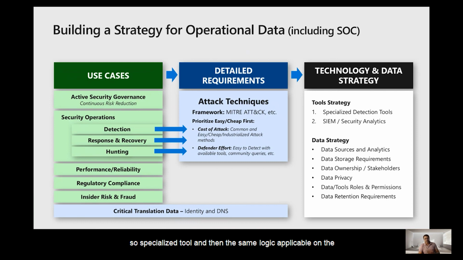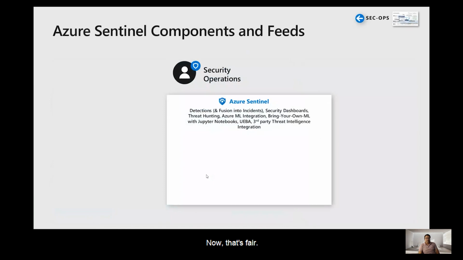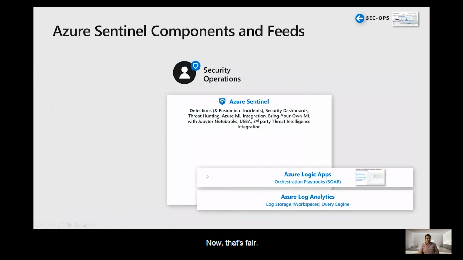So a specialized tool and then the SIEM logic applicable on the remainder of the data should be a great tool strategy. And then the data strategy also: which data sources the analytics have to be applied on, where exactly are the data storage requirements, data ownership, privacy, role base, all of those things naturally fit into the same ecosystem. Now that's where we bring in the aspect of what Sentinel is all about.